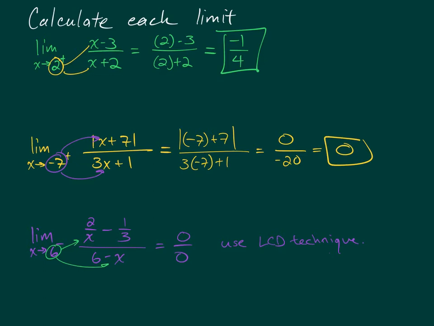And when you use the LCD technique, you should get an answer of 1 over 18. I'm going to let you work through this limit to see if you can get the answer 1 over 18.